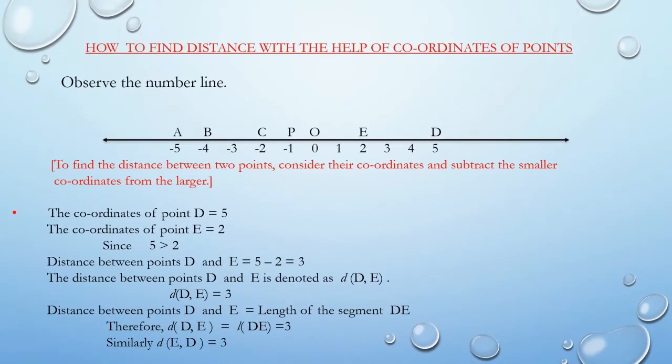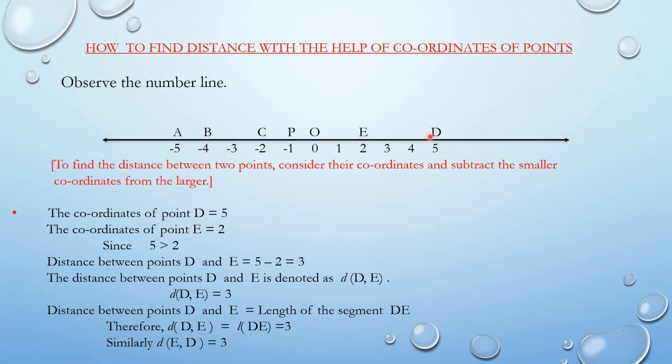How to find the distance with the help of coordinates of points? Observe the number line. In this number line, the point D is 3 units away from the point E. It means the distance between the points D and E is 3 units by counting the number of units. Now let us see how to find the distance with the help of coordinates of points.